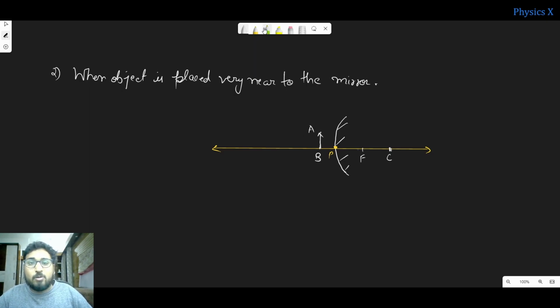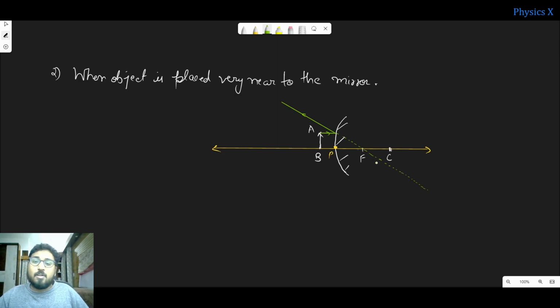Okay, now I will use the ray diagram rules. I am taking the top of this object. If the incident ray is parallel to the principal axis, what will happen? The reflected ray appears to be coming from the focus point, right?